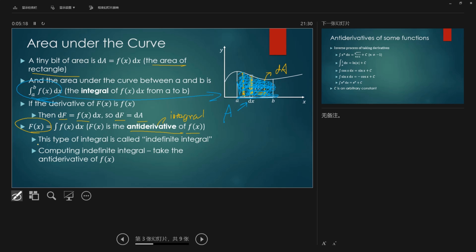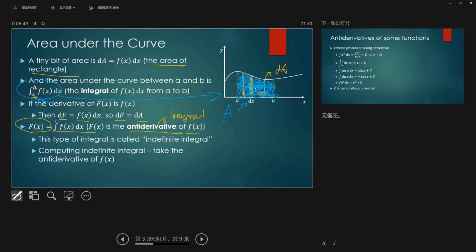So this type of integral is called the indefinite integral. What do we mean by indefinite integral? It just doesn't contain the values from a to b, c to d, and so on. It contains no values here, unlike this one, which contains from a to b, but this one has nothing.